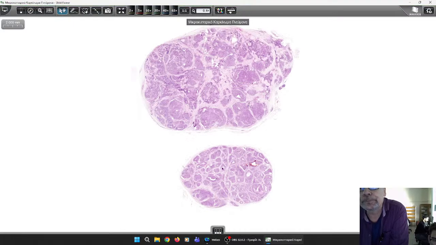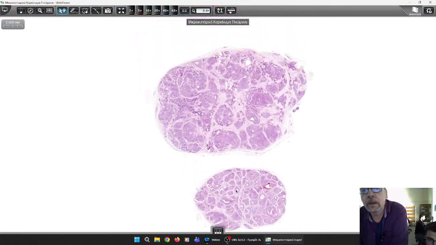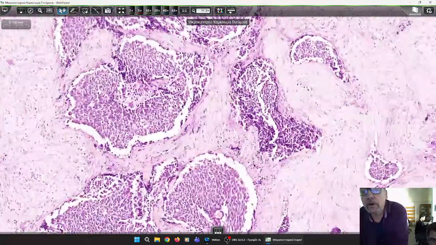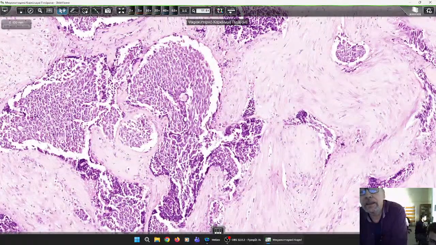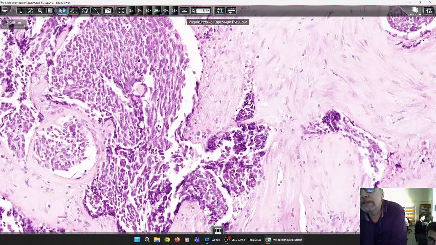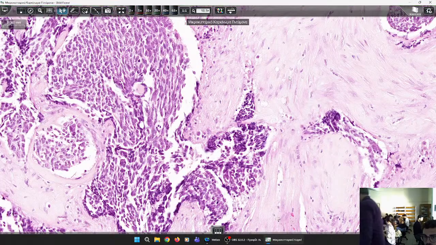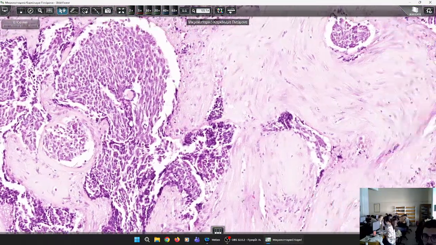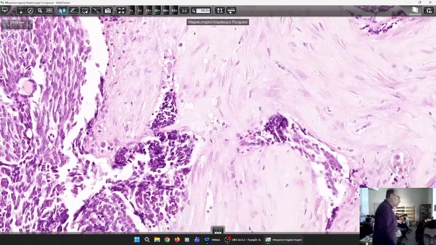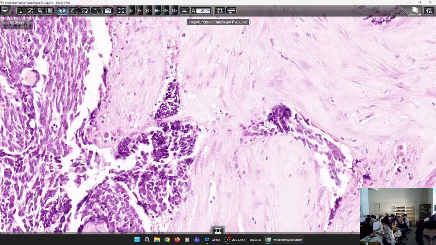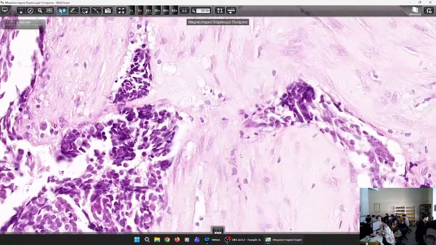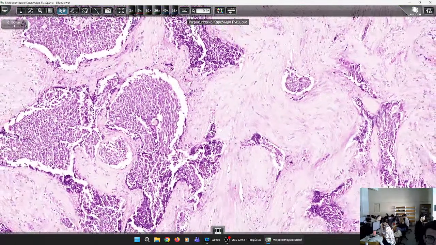Okay. Now, have a look in this area. What is this that the cancerous cells have caused? And look at the cancerous cells themselves. They are devoid of a very important site of malignancy.